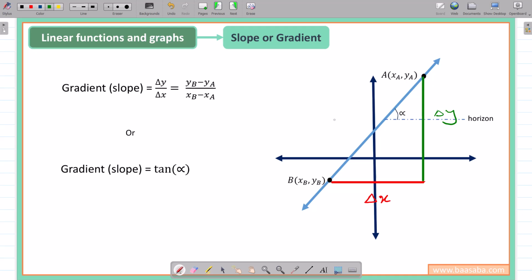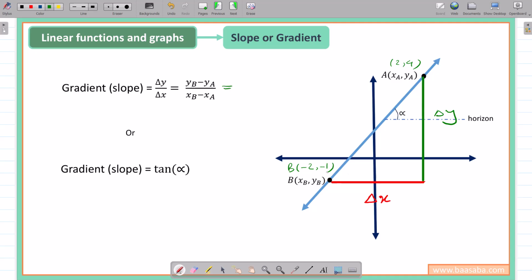When we have these 2 points, we have their coordinates: the x coordinate and y coordinate of point B, and the x coordinate and y coordinate of point A. The difference of y coordinates over the difference of x coordinates gives us delta y over delta x, which is the gradient or slope. Let me write an example here. For example, B is (-2, -1) and A is (2, 4). We want to find the gradient of this line.